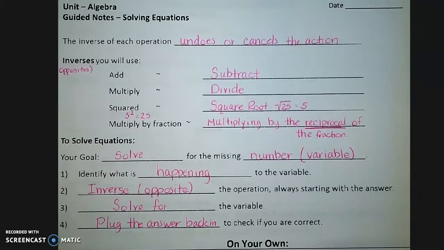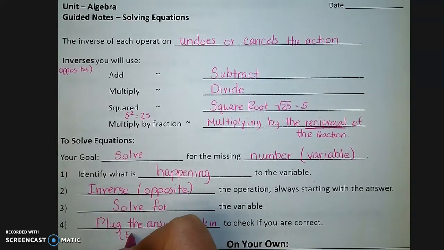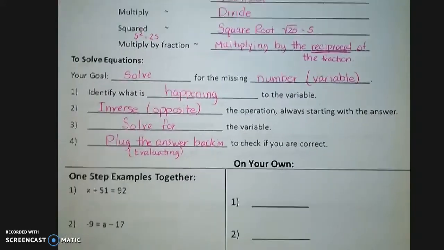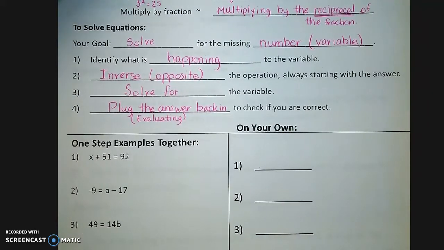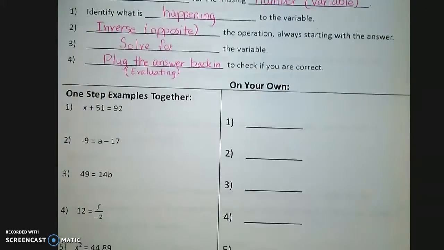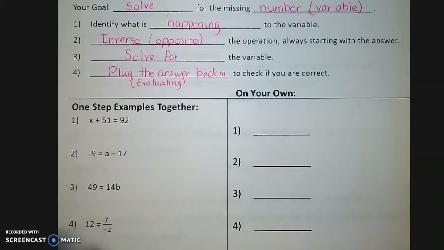And we did this, we called it evaluating expressions, when we plugged a number in for the variable to see what we got in the end. So let's take a look at these down here. And we'll go through these nice and slowly, and I'll be able to show you what's happening there. We'll try to see if we can leave our steps up there at the same time.